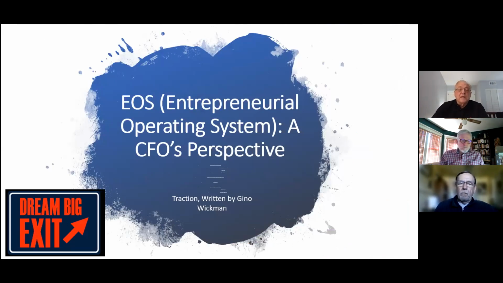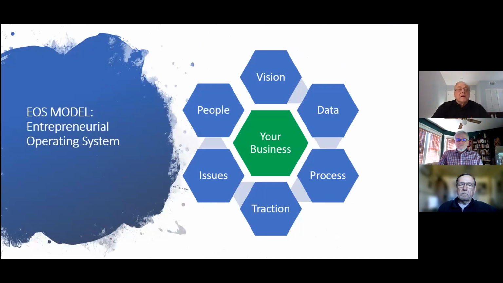It's written by Gino Wickman, and in this book he talks about an entrepreneurial operating system, and I wanted to give a CFO's perspective on it. I also wanted to compare it a little bit to the 8 drivers that we use. I'm going to refer to it as the EOS model because I'd rather keep it short and sweet here.